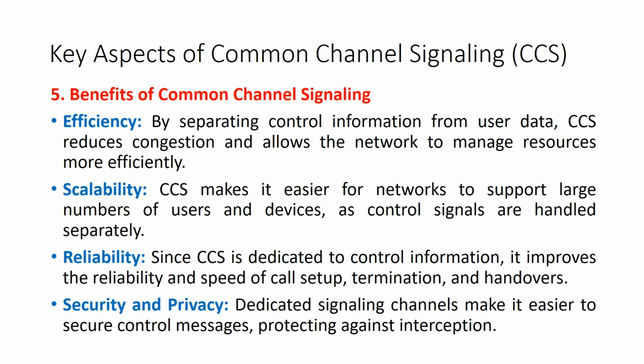And scalability: we can increase the number of nodes in the network, and that will not affect anything, since separate channels are used for the control signals. That is called scalability. Reliability: a dedicated channel gives reliability. The speed of call setup, termination and handovers will be significantly high. That is given by the reliability.